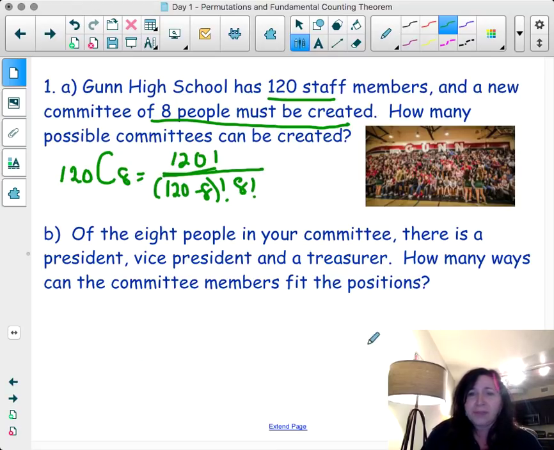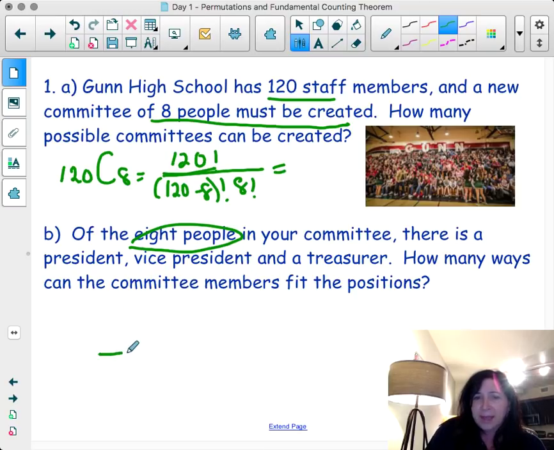But for this case, of the 8 people that you choose, and you can work that out, of the 8 people in your committee, there's a president, a vice president, and a treasurer. So how many ways can these committee members fit into these positions? You only have 3 positions for the 8 people. So I have 8 choices for the first one, times, and then the next time I have 7 choices.